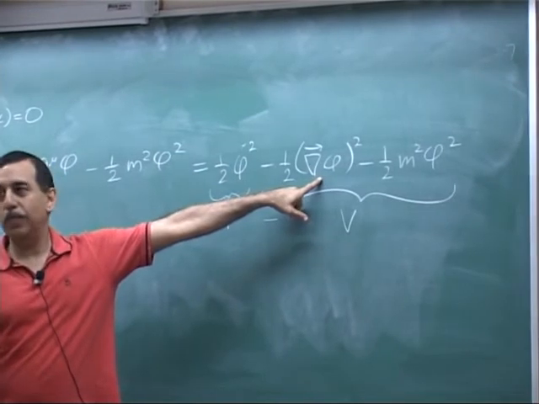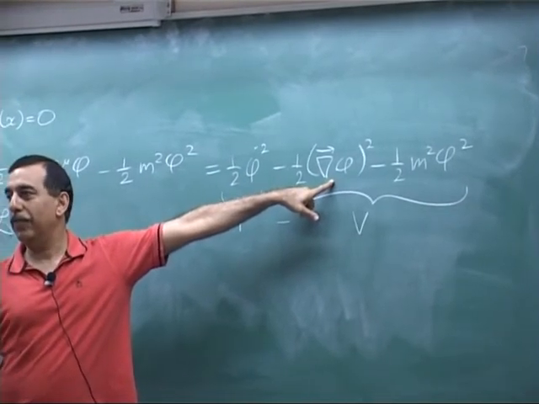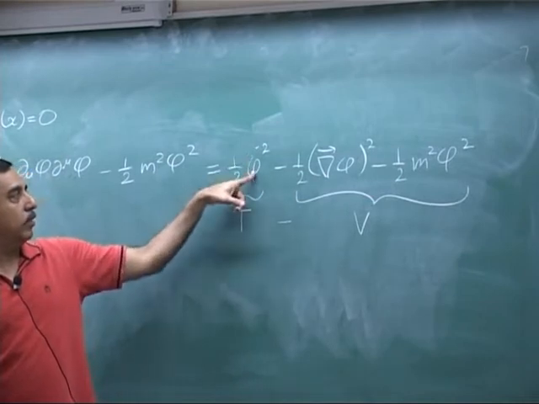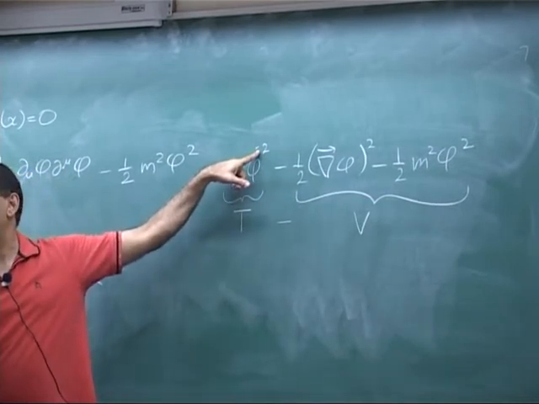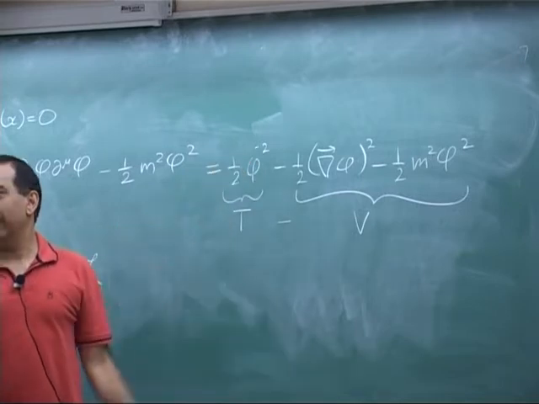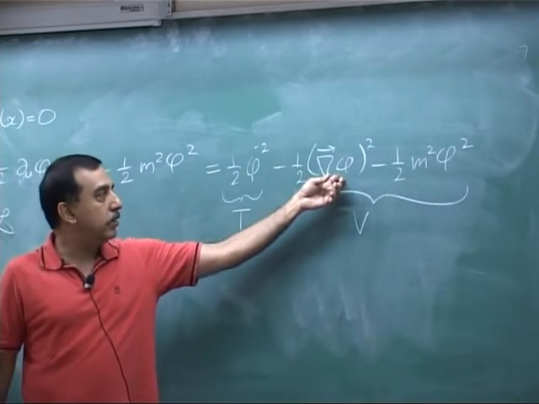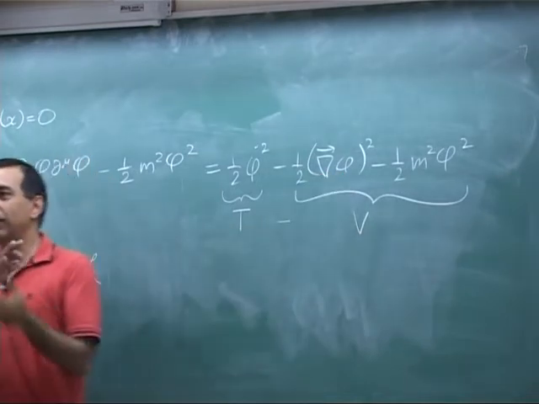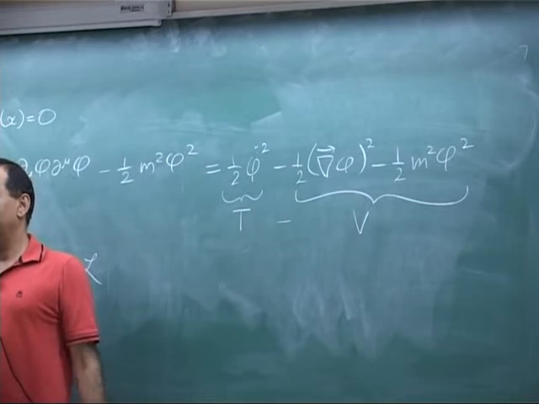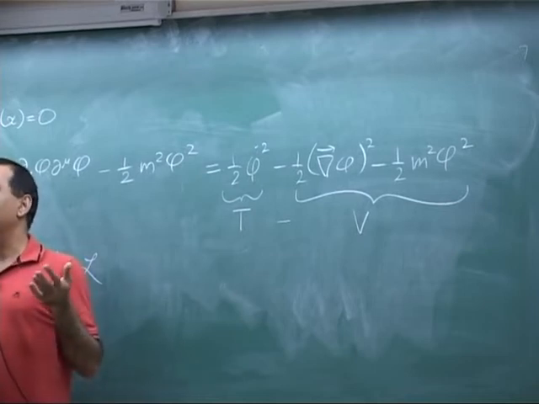This term is potential in nature. Physically, you can see why. This is some variable, whatever the variable might be, and its time derivative squared is a kinetic energy. Time derivative squared of any coordinate is a kinetic energy. Why is this a potential energy? Because this refers to the spatial variation of the field. At a fixed time, I take the gradient of the field.